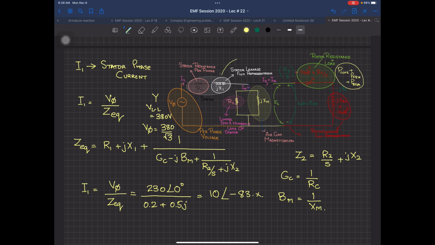So remember, this I1 is always going to have a negative angle, and this negative suggests that it's lagging behind. This is very important. The current is always lagging, and this is completely true because in this whole circuitry there is no capacitor. So it's always going to be lagging behind by whatever angle you have.